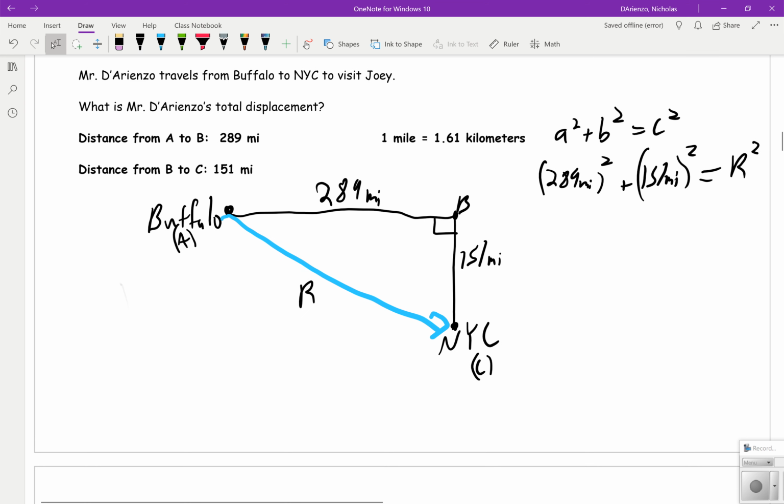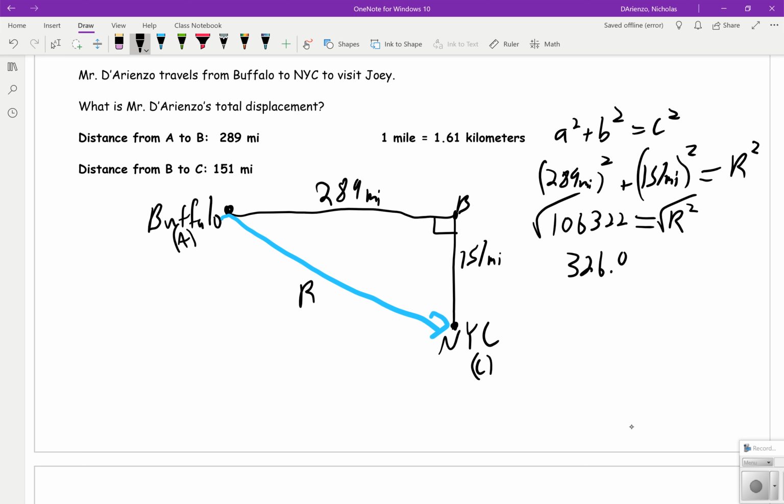Now this comes out to 106,322. That's equal to our r squared. Take the square root of that. And what we get is 326.07. That's equal to our resultant. And this, using significant figures, 3 in each of our 289 and 151, will round to 326 miles.